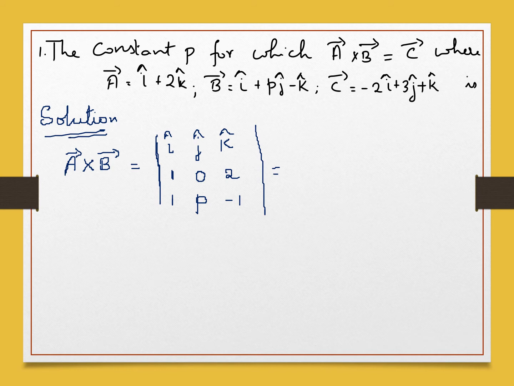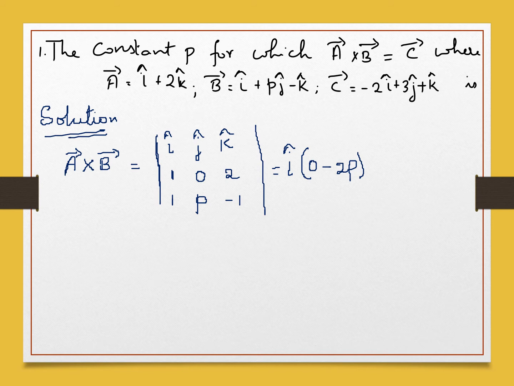First we will ignore the first row and the first column, so we will put i cap and ignore this. We will cross multiply the remaining things: 0 into minus 1 is 0, p into 2, so 2p, and we have to put a minus sign in between.